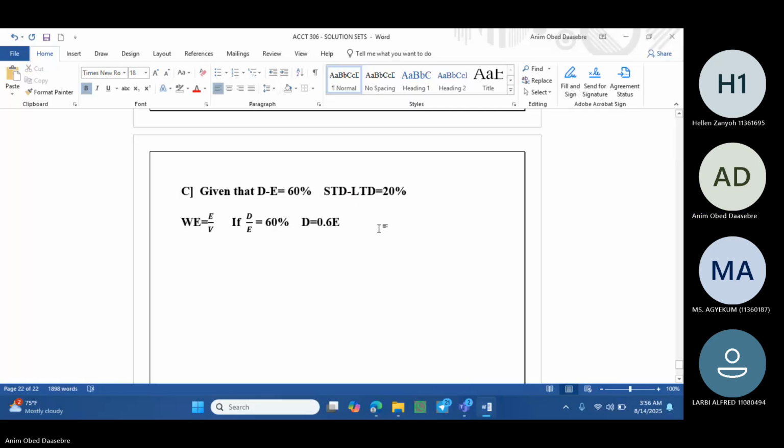So we can go ahead and use the formula to find the equity.